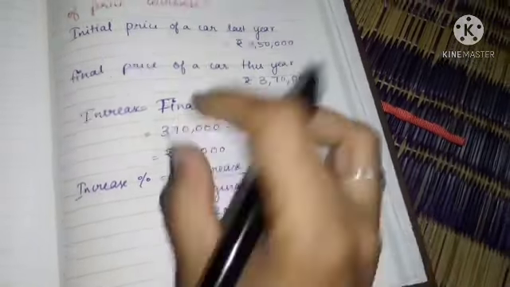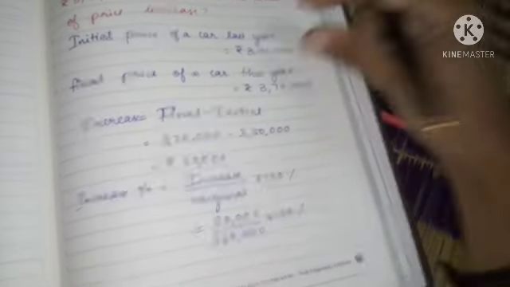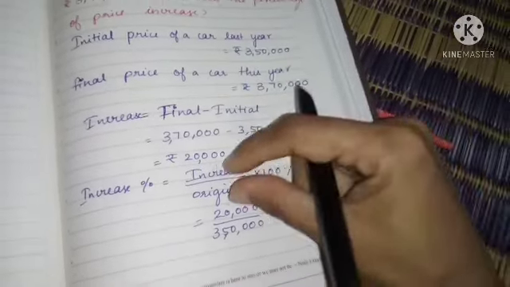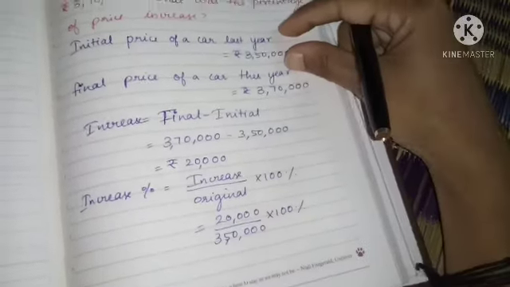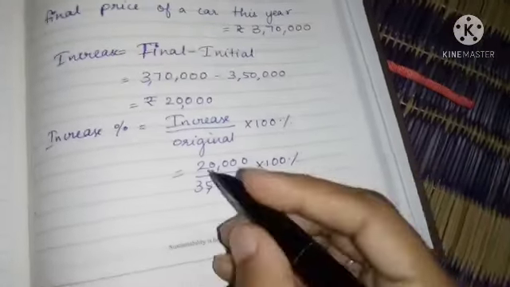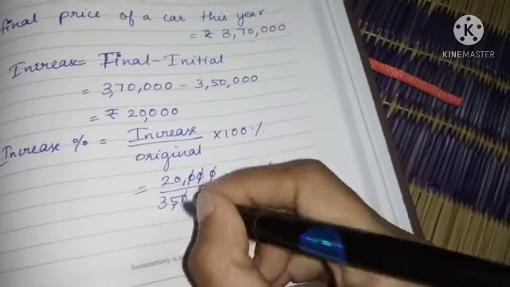How do we find the increase? Final price minus initial price, the difference of these two prices, you should write in the numerator, divided by the original price of the material which you are buying, written down here, then into 100%.